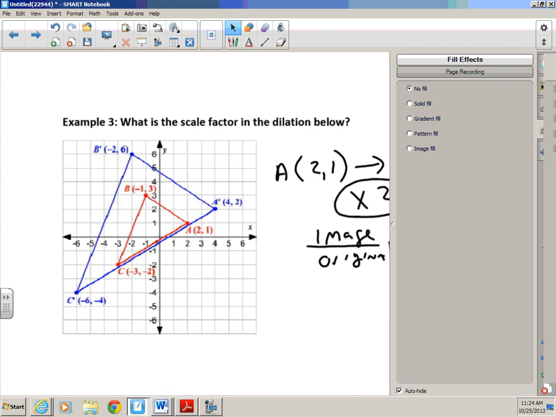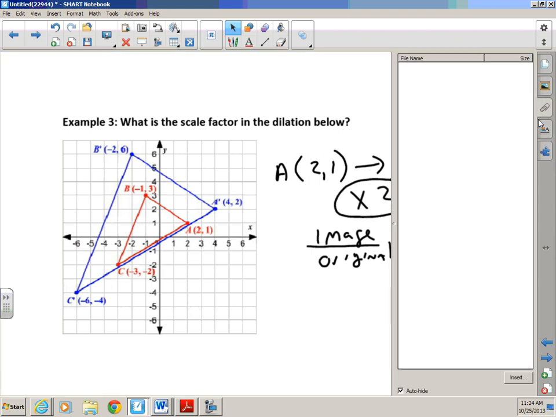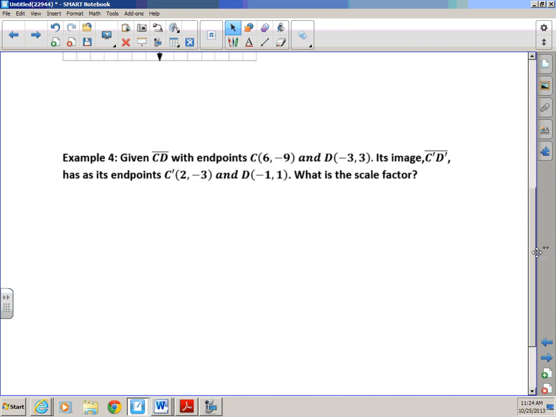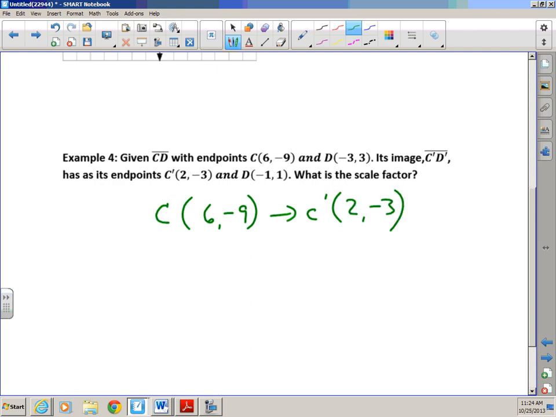When the orientation's off, it gets a little screwy and it doesn't want to cooperate. Now I go to my last example. Same thing, but I give you the coordinates. So I went from C to C prime. Hopefully you see that the numbers got smaller, so my scale factor better be less than 1.